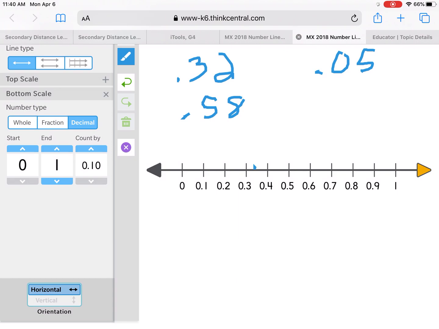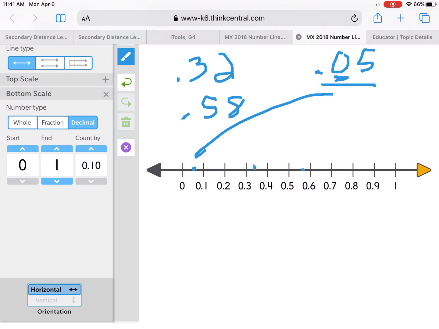The 58 hundredths is going to be just before the 6 tenths, and now this one, the 5 hundredths. Now notice that the 0 in the tenths place means that it's just past the 0 and halfway between the 0 and 1 tenth. So 5 hundredths would be right here.